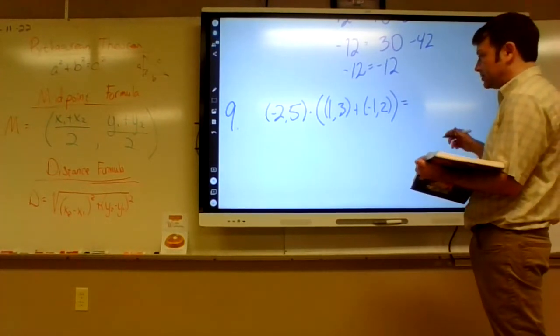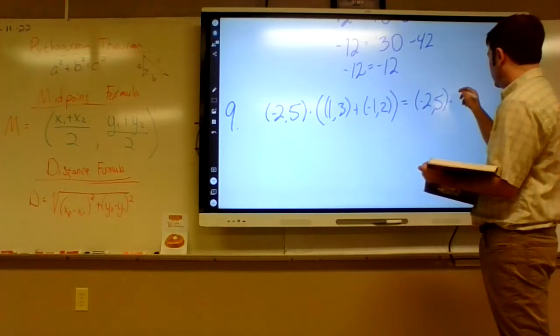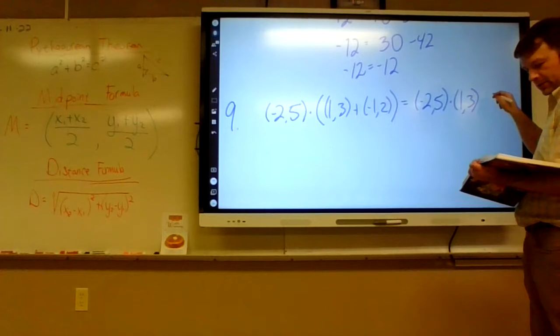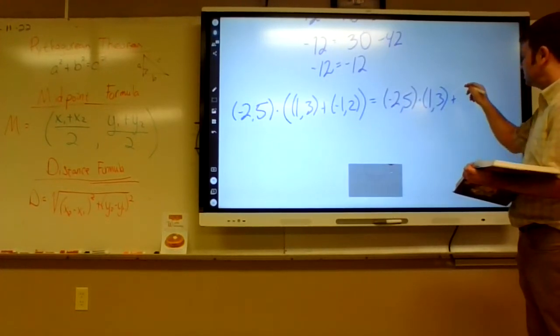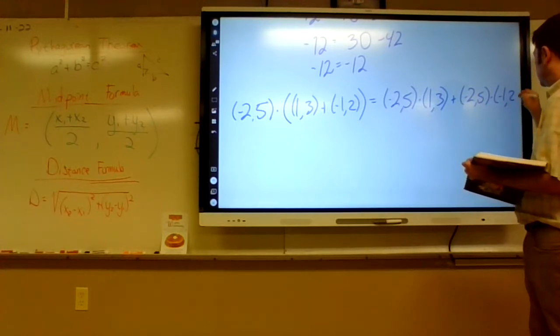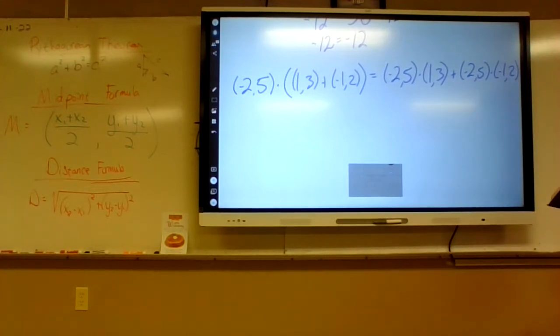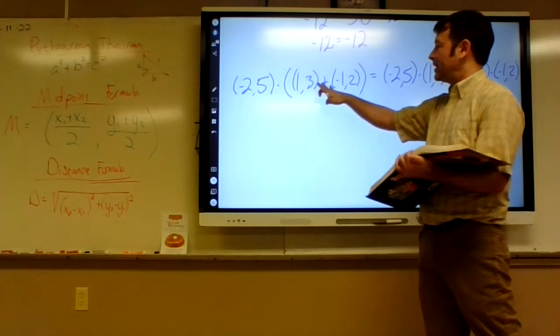u dot v, so (-2, 5) dot (1, 3) plus (-2, 5) dot (-1, 2). All I did was plug in the vectors they gave us. On the left side we're supposed to add first.